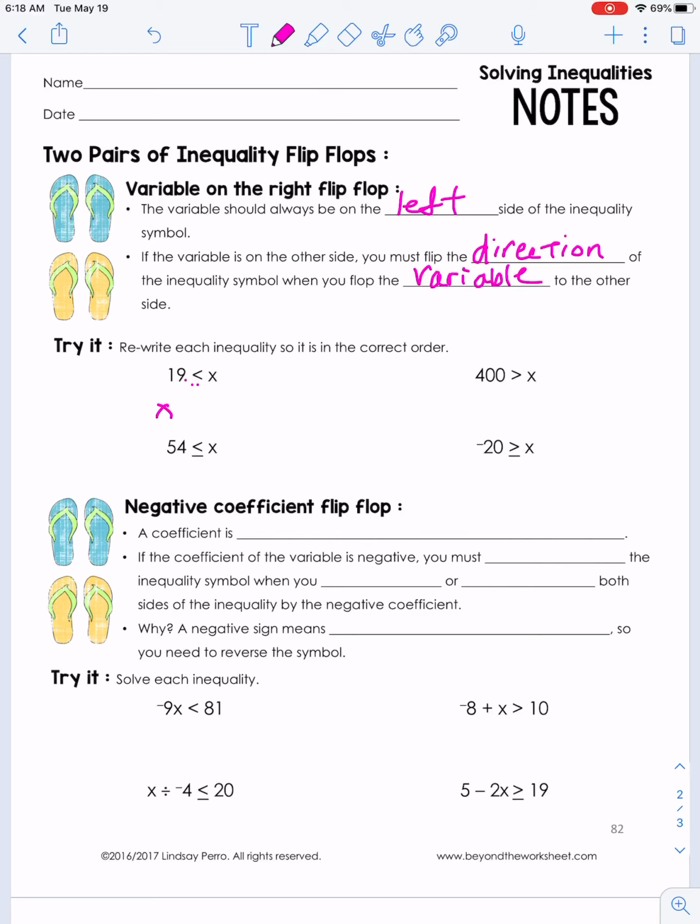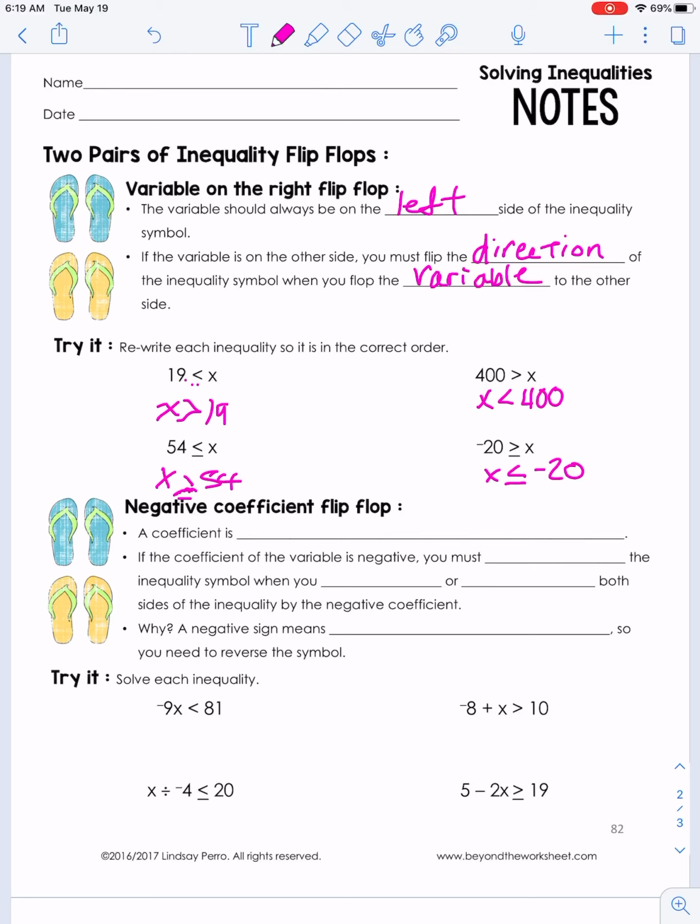So if I move my variable to the left side, I need to make sure that my greater than mouth is facing the variable. Or if it's the less than, it needs to be facing the variable. So this one would be x is greater than or equal to 54. x is less than or equal to negative 20.